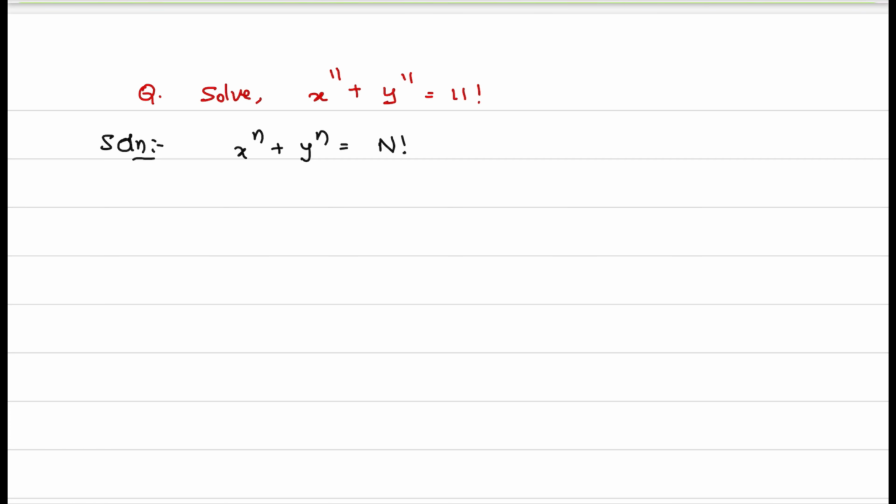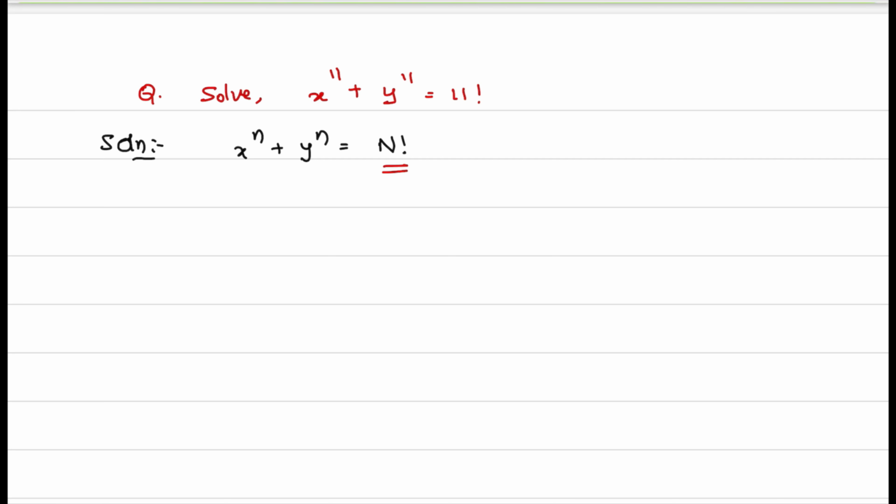There is a Stirling method for converting a factorial into exponential. Let us make both sides exponential. Let us remove this factorial n, and convert it into exponential.